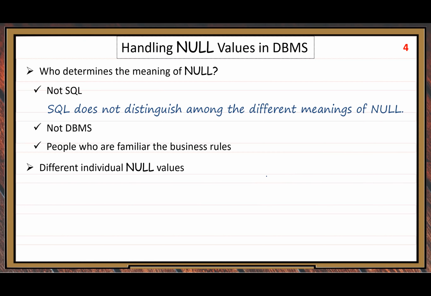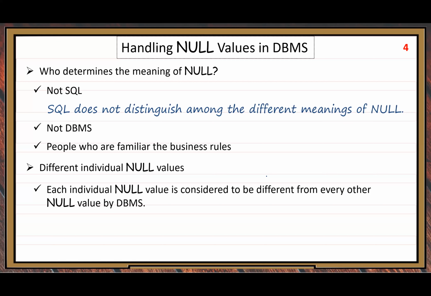We need to understand that part. Each individual null value is considered to be different. That's the special part. Two null values are treated as different values from every other null value by the DBMS.